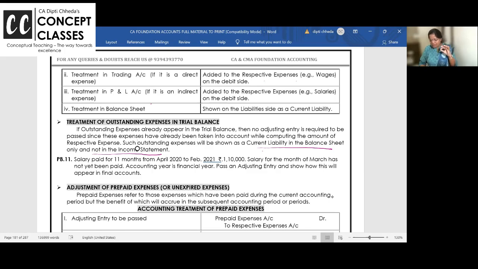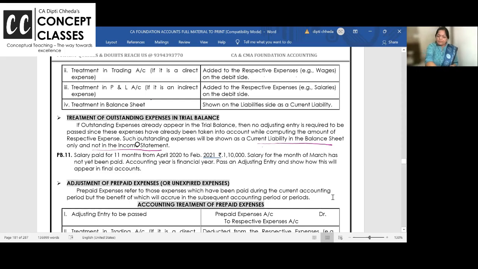I'll explain you with this example. Yeah, this is all about expense. Salary of 11 months is paid 1,10,000. Salary for March is not yet paid. How will you adjust this?